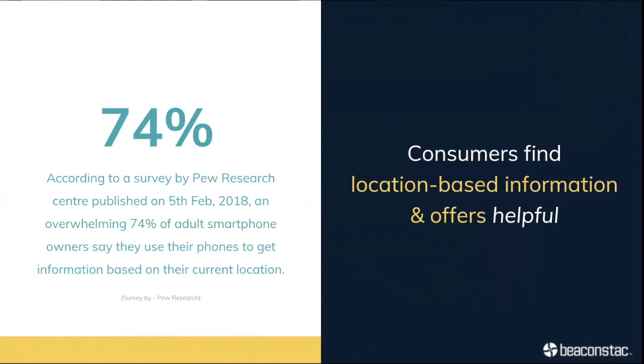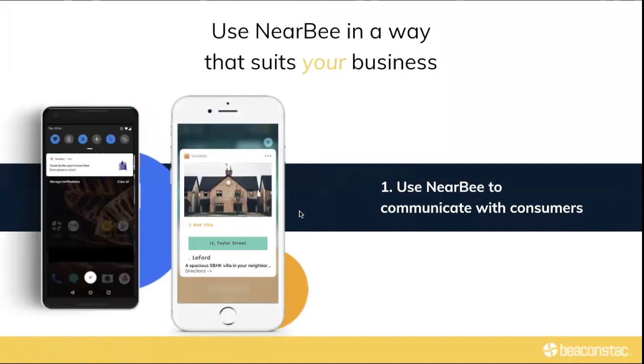This has just been growing and growing over the years. So we know all of these things already, which is why we think NearBee is most certainly an app that folks will be willing to try out, given what we know about consumers and what they're seeking as far as local deals, etc., are concerned.